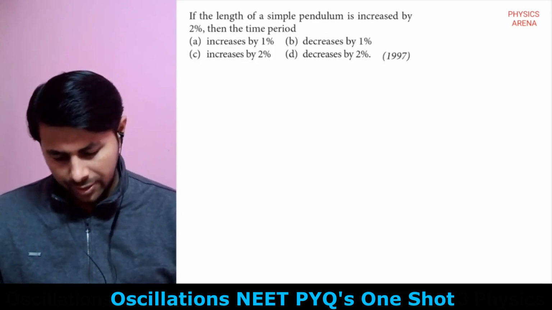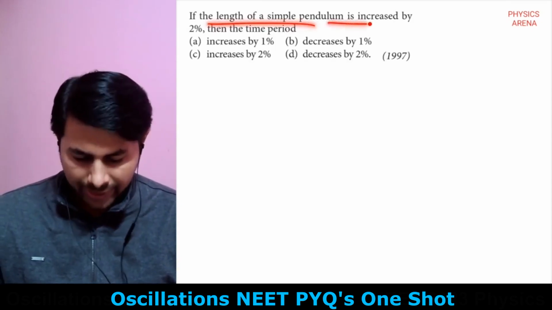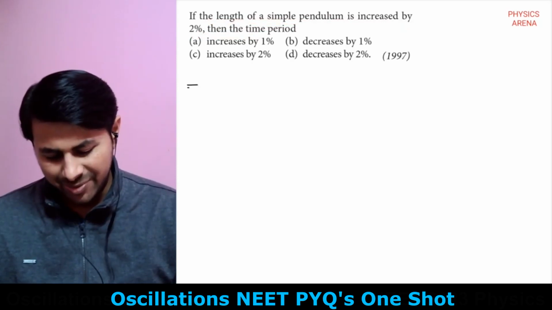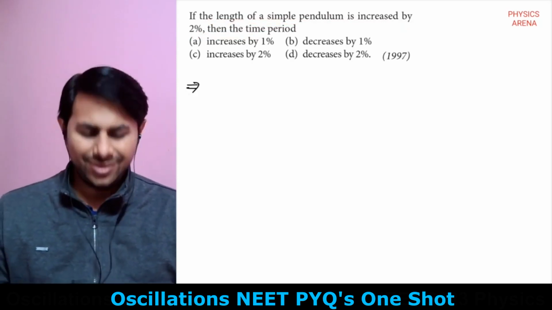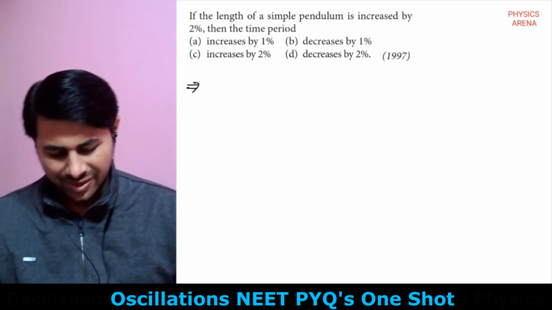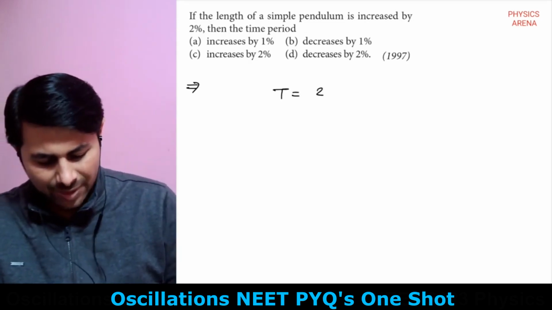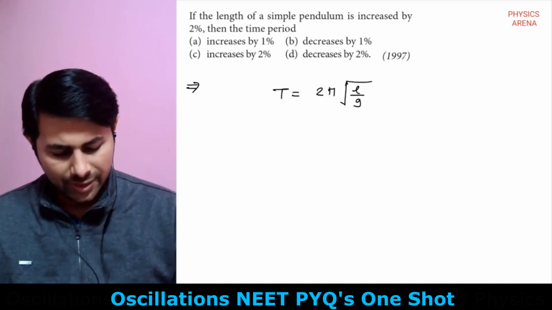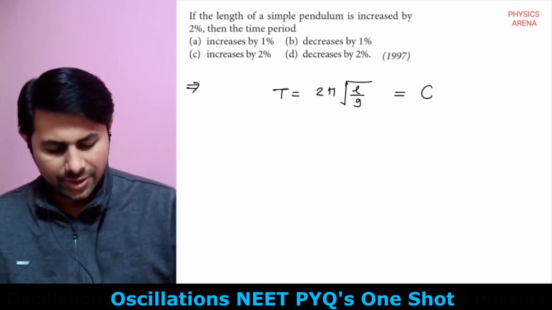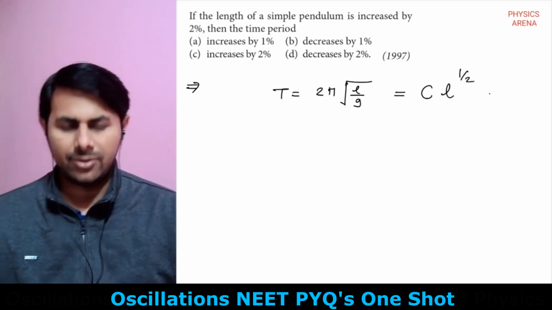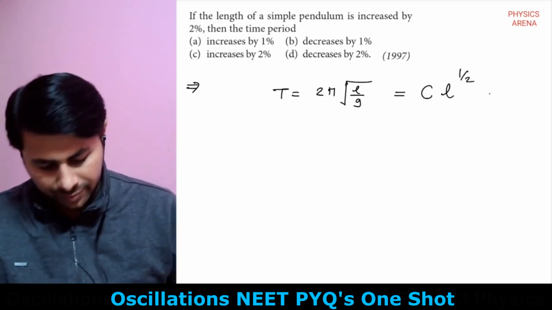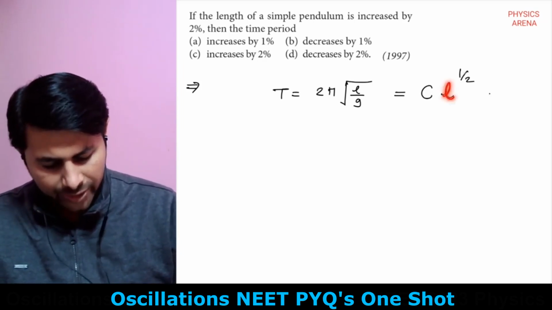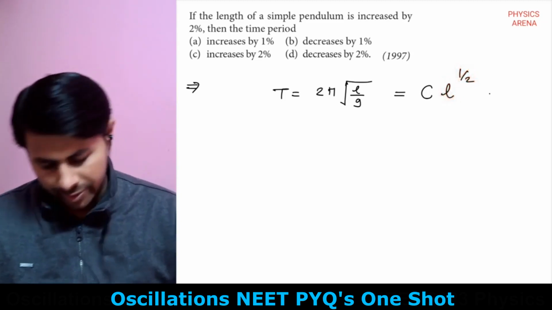Let's see the next question. If the length of a simple pendulum is increased by 2%, then the time period. This is very, very simple. Actually, we have seen this in units and dimensions. T equals 2 pi root of L upon g, or you can say it is some constant multiplied by L raised to half. Therefore it depends on L to the power half.